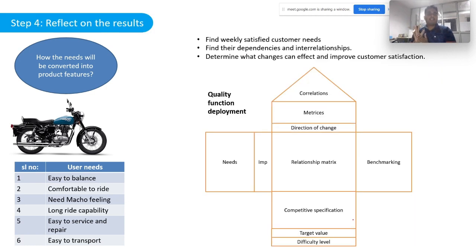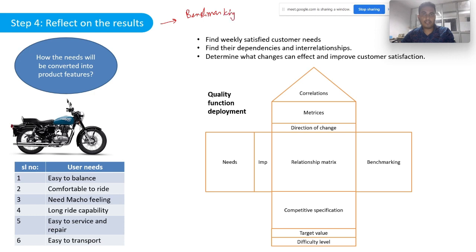Okay, so in the final stage, what you do here is reflect and provide your critical analysis on all the three steps you did previously. What you did previously: first thing you did is benchmarking.